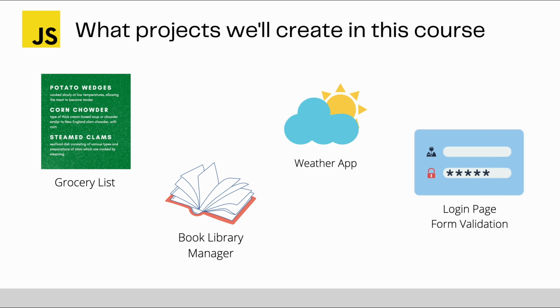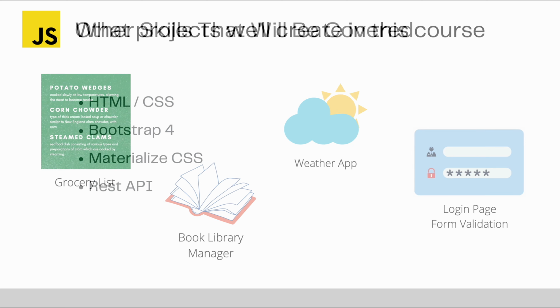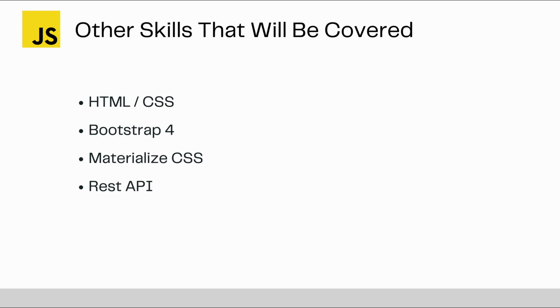Finally, we'll use form validation with regular expressions to create a login page where the user will be able to log in with valid credentials to a website. You might pick up HTML and CSS while creating and modifying some of the resources we'll use in the course. Also, Bootstrap 4 and Materialize CSS will be used to style the components in the UI, as well as the REST API that we'll use to push data to the UI from the server.